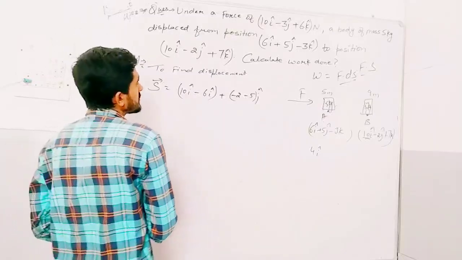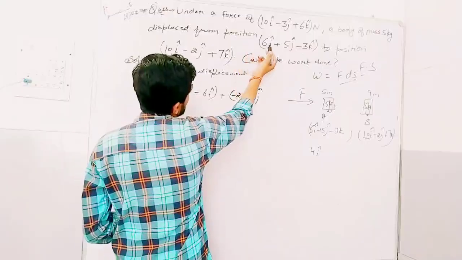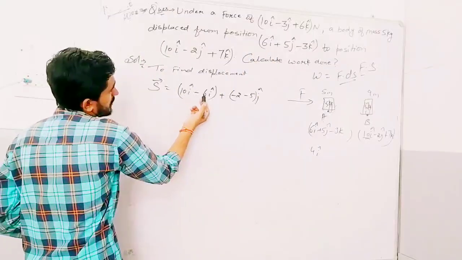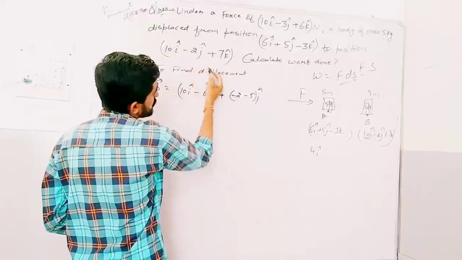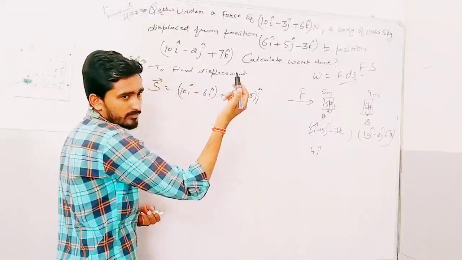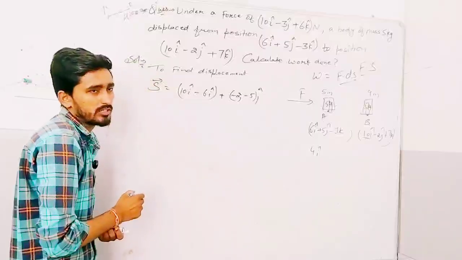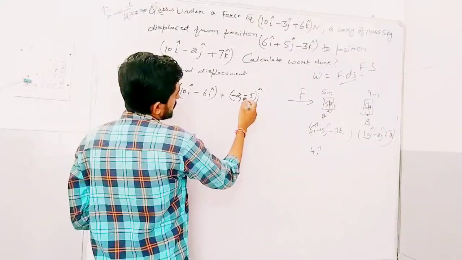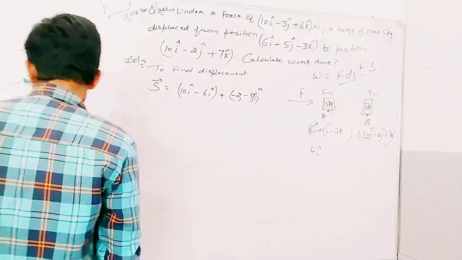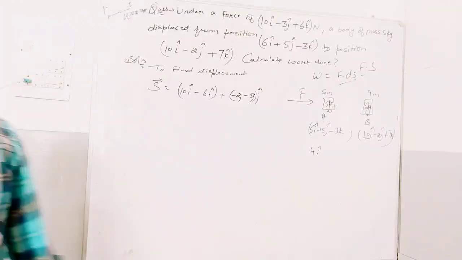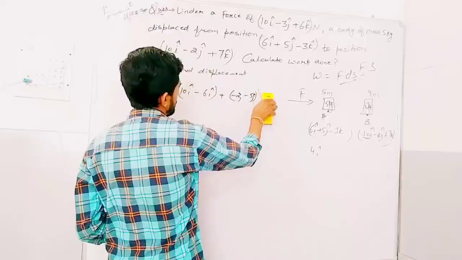Final position minus initial position. If you have confusion, the final position is 2 j cap, you can add it as 2 j cap, but I have just taken the common j cap, nothing more than that. And then this is 5 j cap. Whatever way you understand, you can adopt that way.